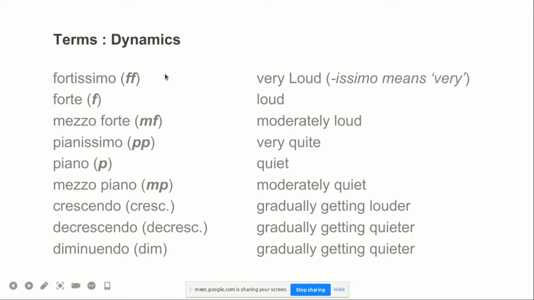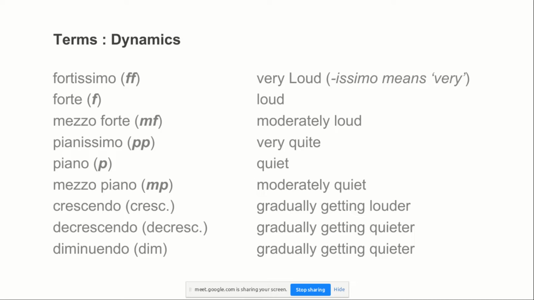So fortissimo is very loud. So the next one is forte, and as I said earlier, it means loud. Forte. I may not be pronouncing these words the way I should in the Italian way, but I'm pronouncing them in Kikuyu so that we can remember them in our African way of pronouncing them.